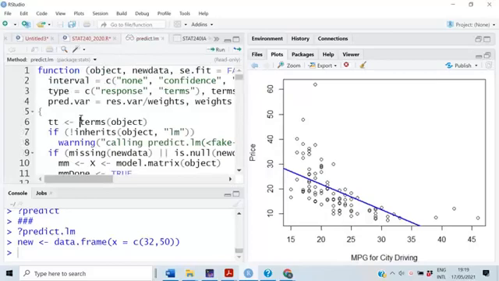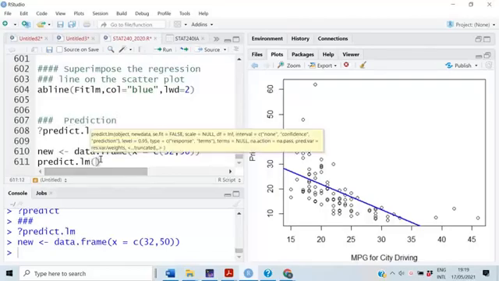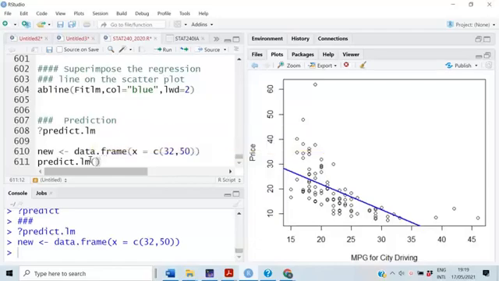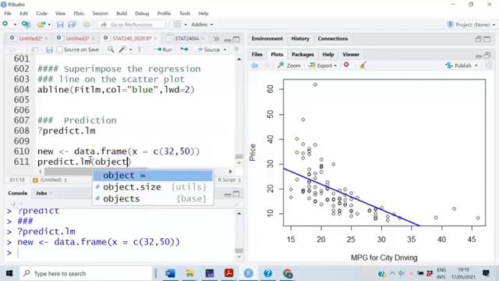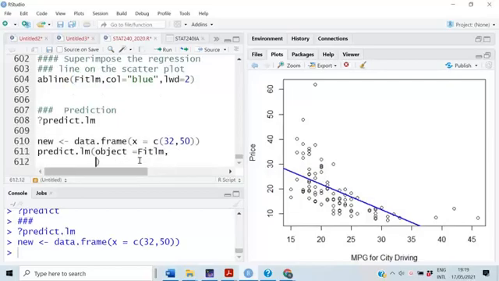So this one is prediction, right? I'll call my object prediction, which is equal to predict of my fit.lm, which is the model you have fitted, and the new data.